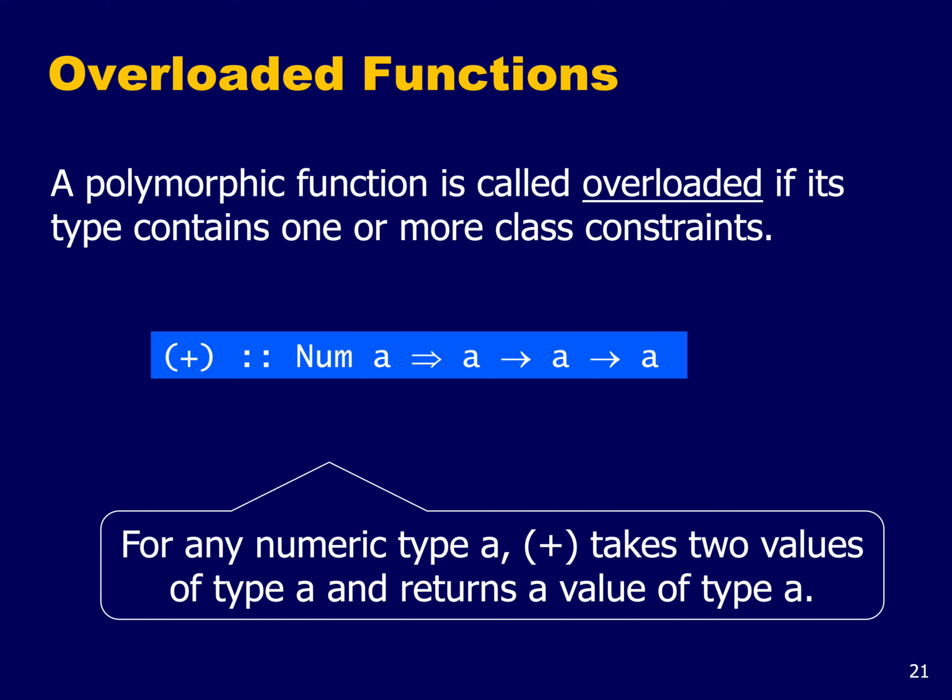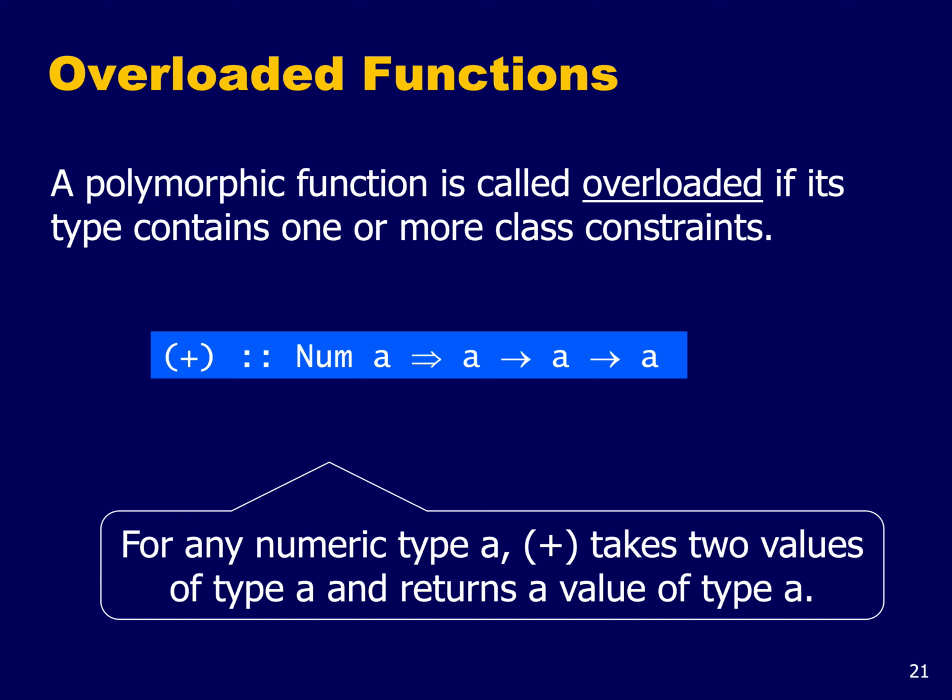So we say that the plus operator has type, and then we have a bunch of stuff. The first part here, Num a, is simply saying that the A type must be a numeric type like integer or float or something like that, because addition only makes sense for numeric types. And then we have a fat arrow, which is an equal sign followed by a greater than sign.